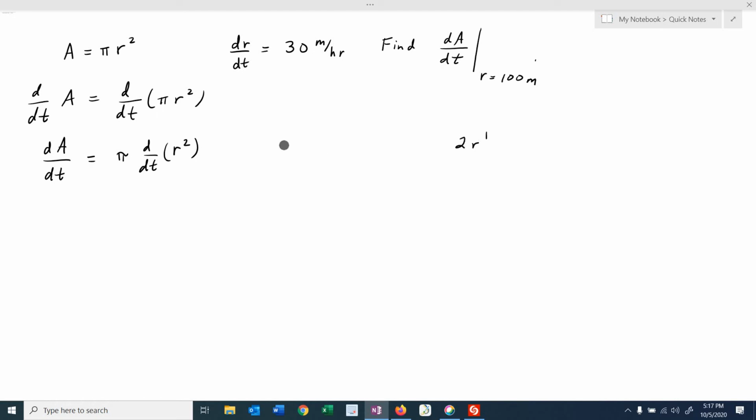The 2 comes down and you subtract 1. And then you take the derivative of the inside function, which is r, with respect to time. So that's your inner derivative, and this one's your outer derivative. This is the derivative of r squared with respect to time, using the chain rule.